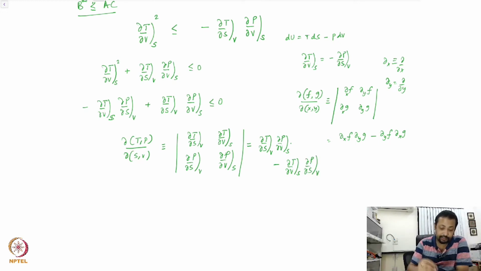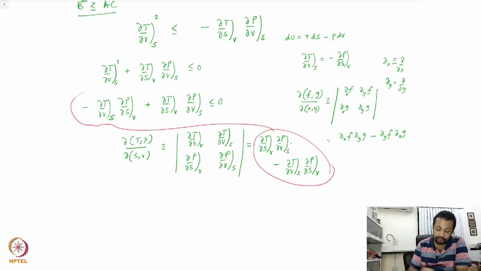And this expression on the right hand side is exactly the expression on the left hand side of the inequality.